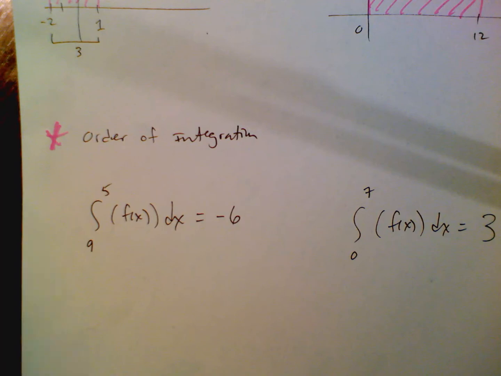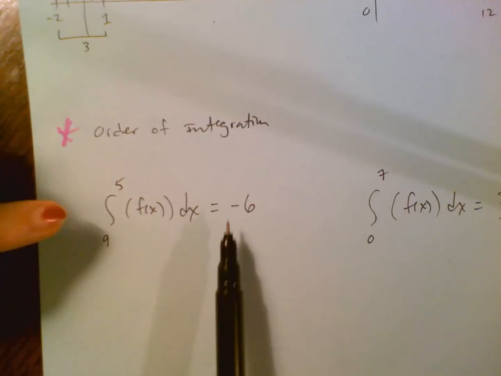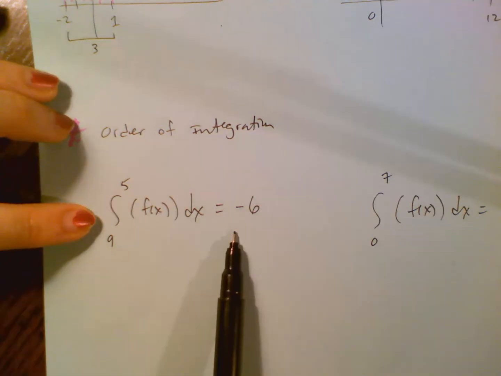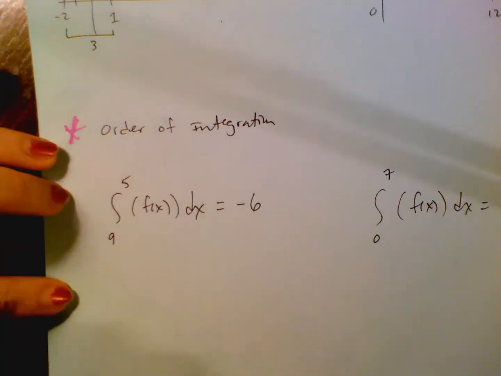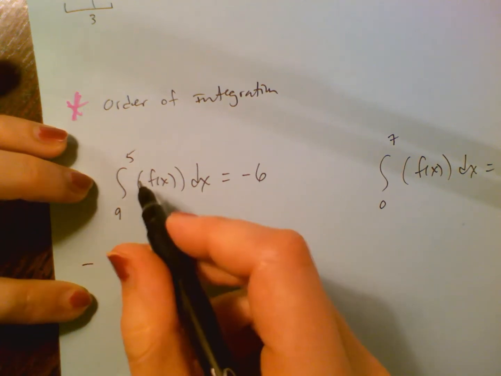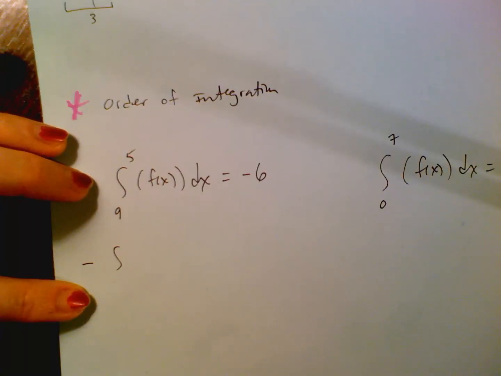Okay, and I just want to show you something. I'm being told that the integral from 9 to 5 is -6. Well, that would mean that the negative of the integral, wait a minute. What does that mean?